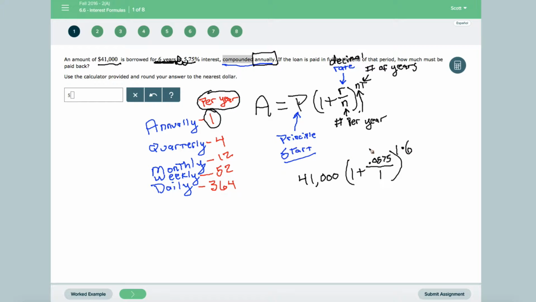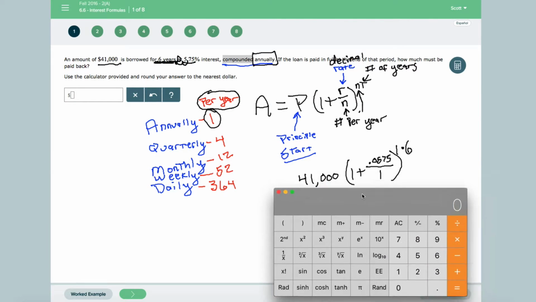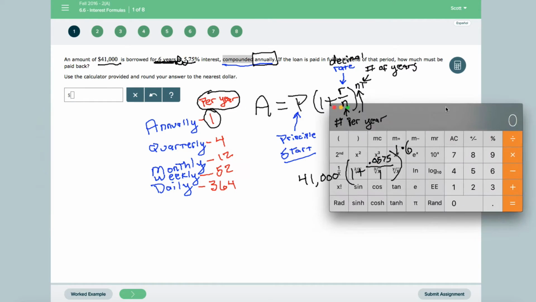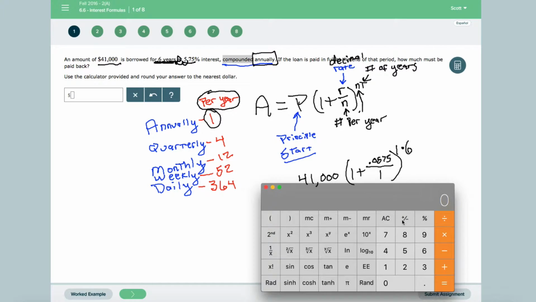Now, please don't do this in your head. Use a calculator. It doesn't have to be a fancy calculator, it can be just a very simple computer calculator. So let's solve the parentheses first.